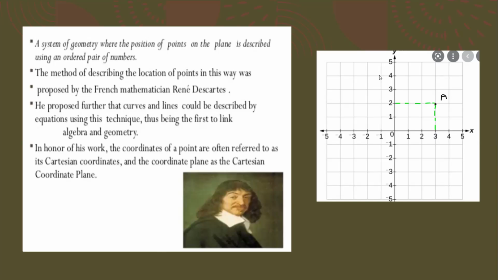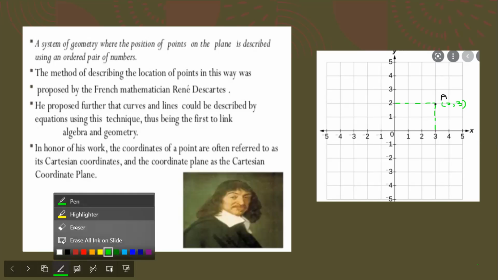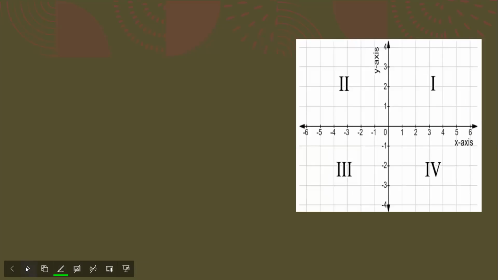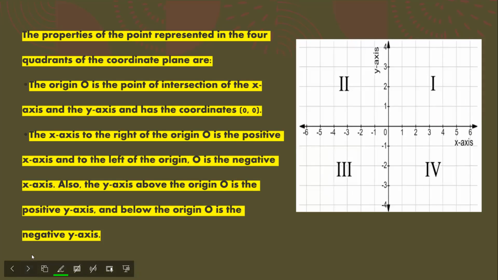This vertical axis is the y-axis. So the coordinates of A are 2 and 3. In this way, we can find the location of any point in the Cartesian plane. Due to the x and y axes, this Cartesian plane is divided into four quadrants.